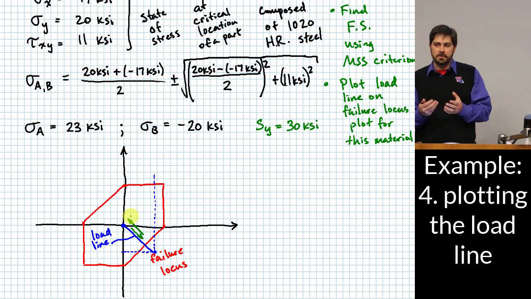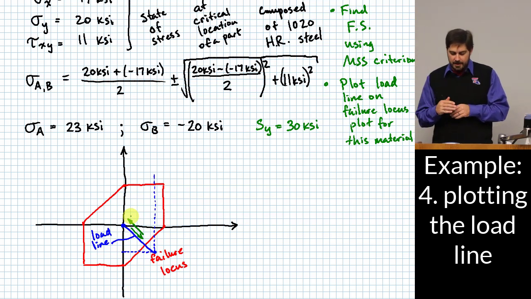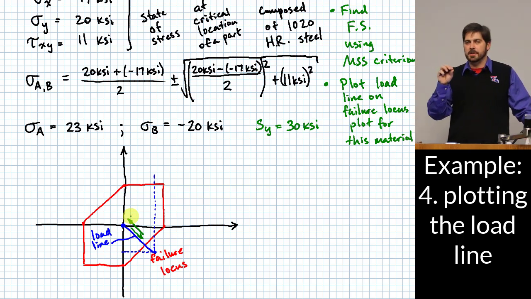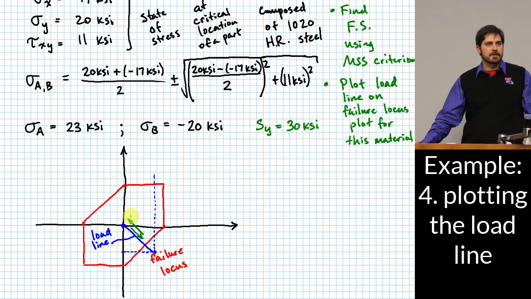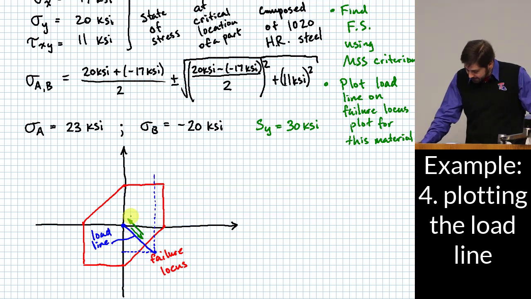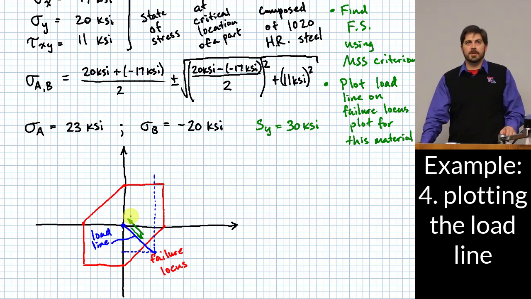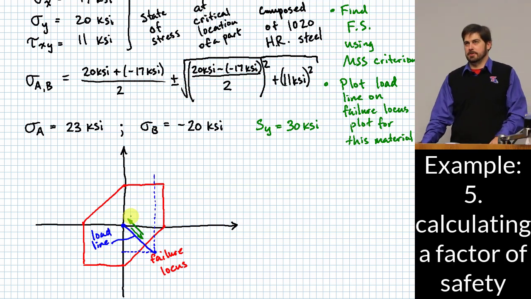If it's a pressure vessel and the only load that you have is the internal pressure, increasing and decreasing that pressure will likely just move you along this load line, or whatever load line that you would have, right? Does that make sense? So a load line is basically a way to understand that if you increase and decrease the amount of load that you put on a part, you can move from being safe to being unsafe as you move outside of this failure locus. Okay? So does it look like we are safe? Okay? Well, how would we know that in terms of numbers?